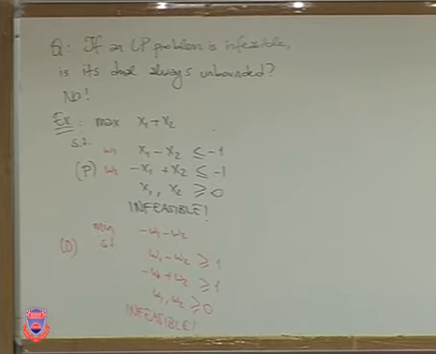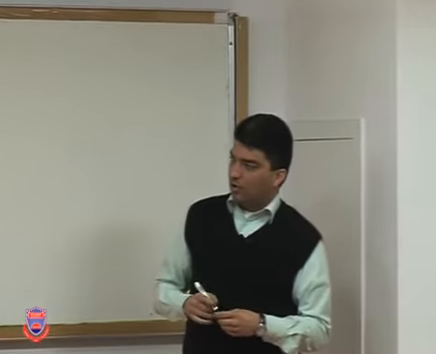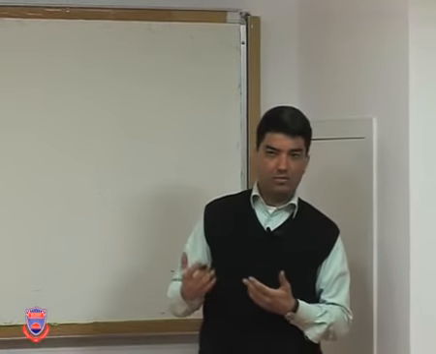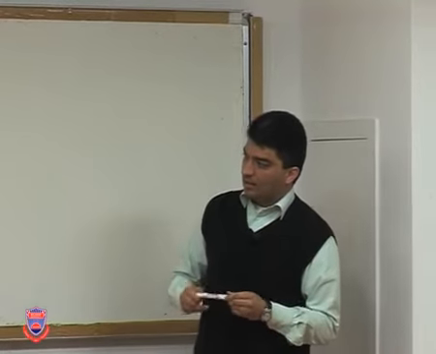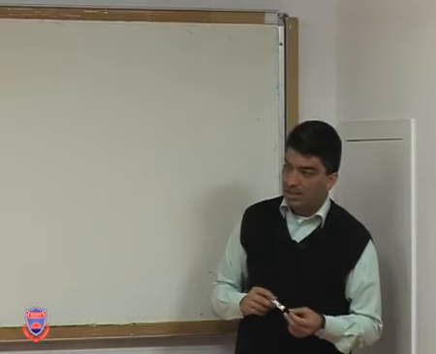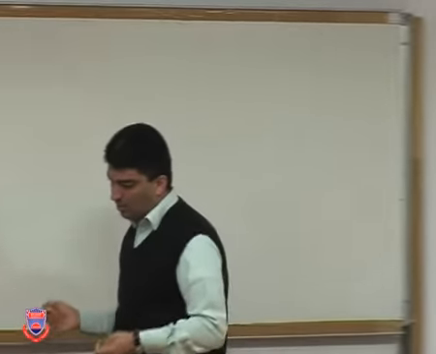So in corollary number 2, we said that if a problem is unbounded, its dual is infeasible. But this example shows that if a problem is infeasible, its dual is not necessarily unbounded. Its dual can also be infeasible at the same time. So if we start with an infeasible problem, then the dual can be either infeasible or unbounded, basically. Okay, so these are the only possibilities.